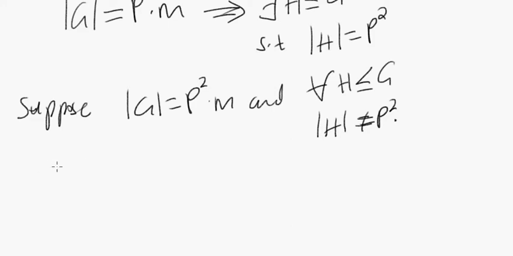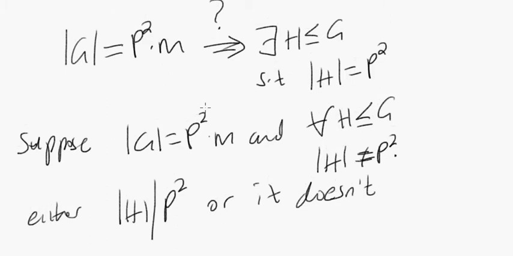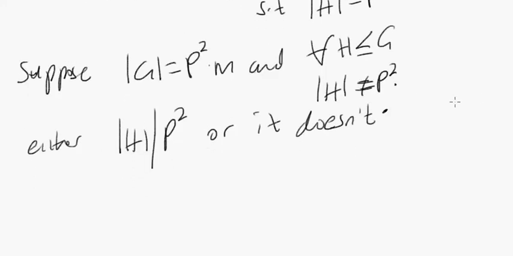Could we say this then? Either the order of H divides p squared, or it doesn't. Hopefully, if we can gain some contradiction here, it would help us to conclude the case is true for p squared, and hopefully that will trigger our mind to figure out how to prove the statement in general, if at all it is true.